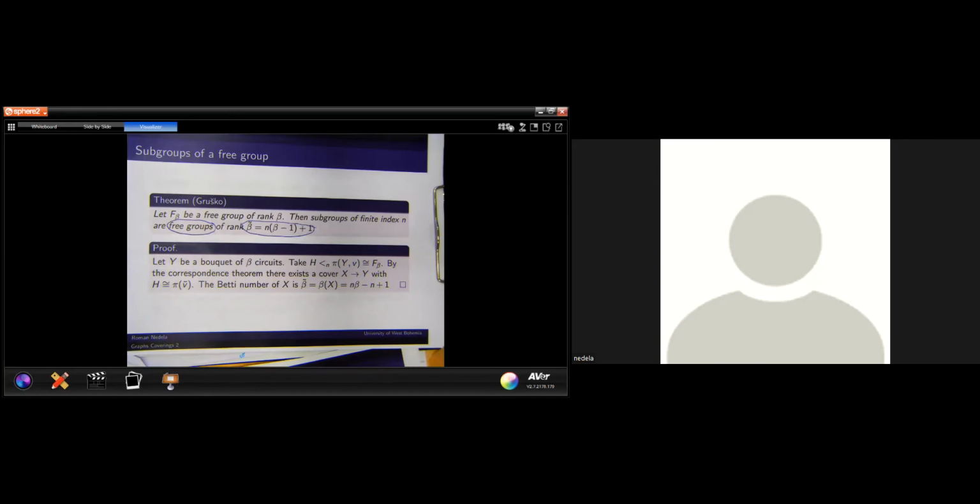How to prove it? Well, we can take Y to be a bouquet of beta cycles. So if beta is 3, this is V3, right? Take a subgroup of index n in the fundamental group, which we already know is a free group of rank beta.